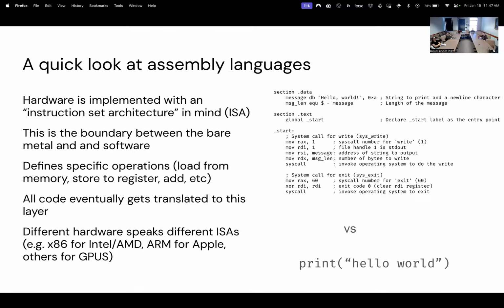Then you have to move the data around, do a bunch of stuff here, and then tell the computer, which is a higher level software thing, to actually do this. And that's how this whole chunk of code is the same as what Python would produce for print hello world. So there is a lot of complexity in these languages, and doing anything like this is about the closest. This is the only thing I could fit on the slide. If you have to do a for loop or something.